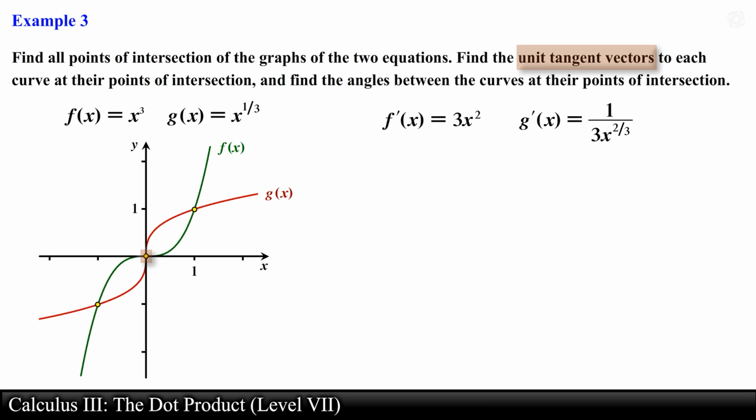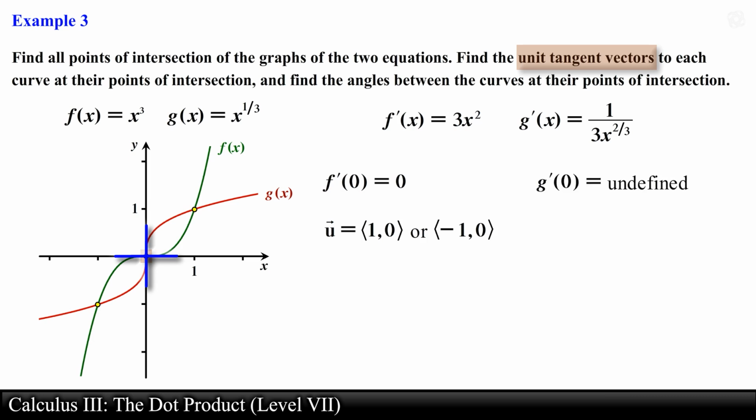We are now ready to find the unit vectors tangent to these points of intersection. Let's start with the point (0, 0). At this point, the slope of the tangent line for f of x is equal to 0. So a unit vector that is tangent at this point will be the unit vector (1, 0) or (-1, 0). The slope of the tangent line for g of x at this point will be undefined, meaning that the slope is vertical.